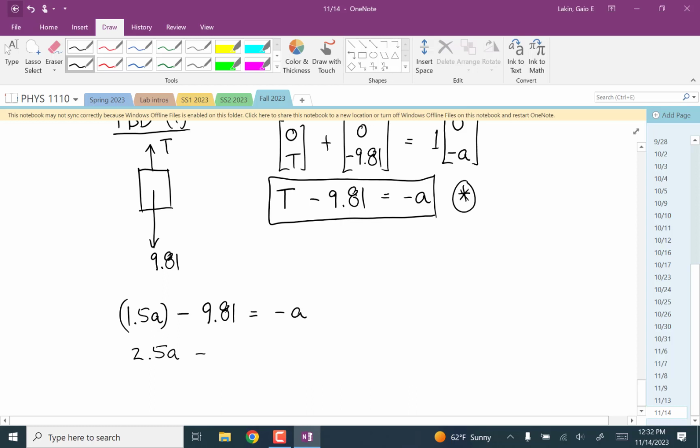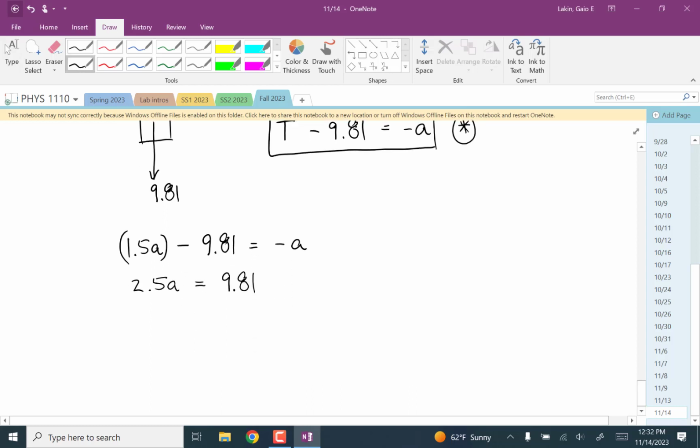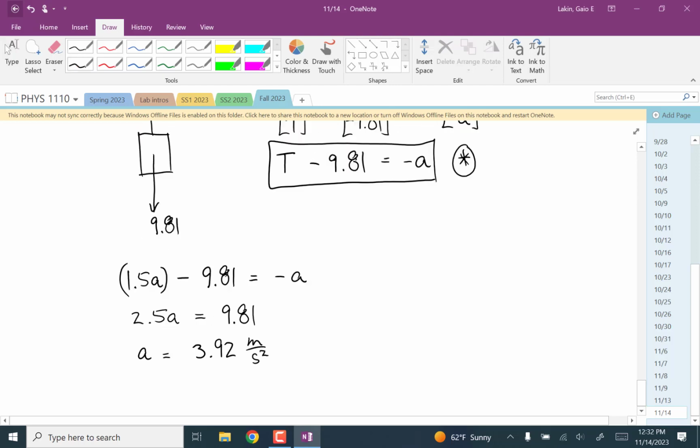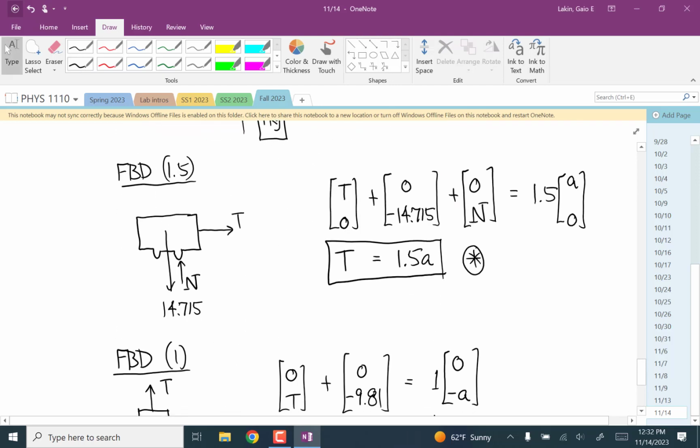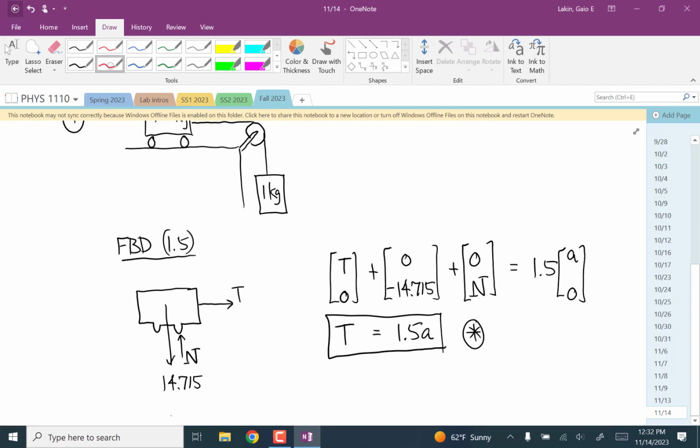Subtract 9.81 from both sides, and you get that a is equal to 3.92 meters per second squared. We want the acceleration of the rolling one, so plug that a value in here.